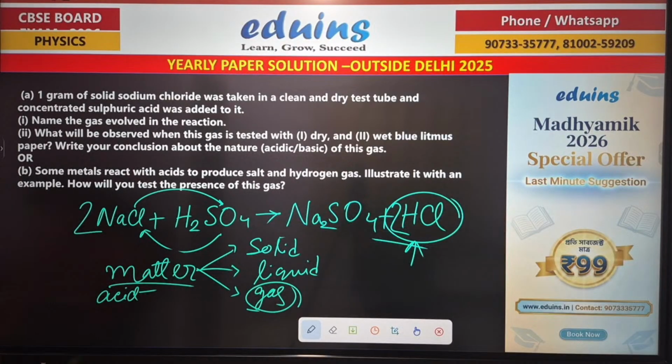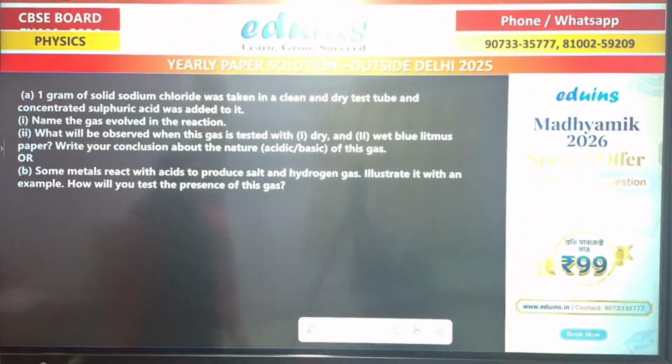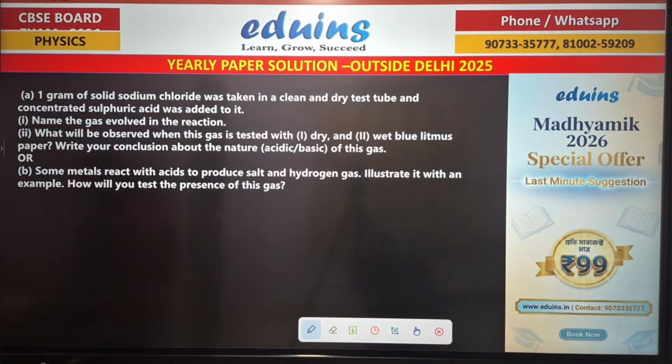That's a tricky one. The wet litmus paper turns its color, but not the dry one. You know the cause?